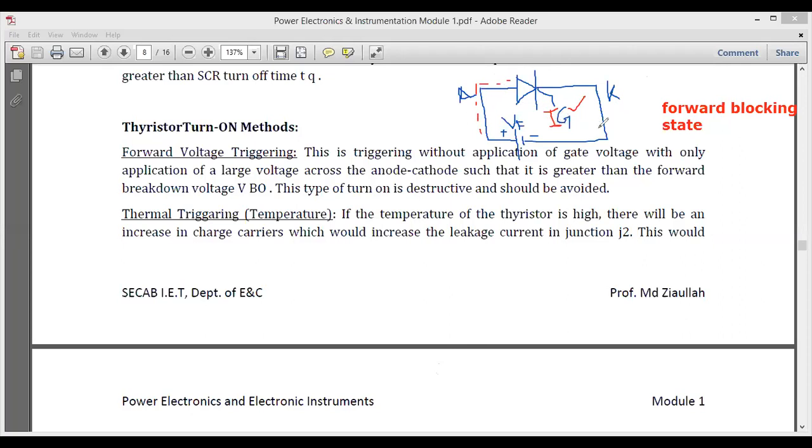The sufficient gate current is called IG. In forward voltage triggering, the forward voltage VF, the battery applied to this SCR, will be made greater than the gate voltage VG.